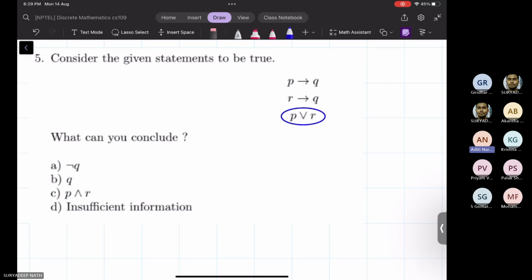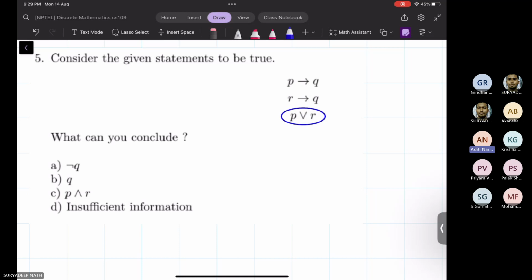I think, sir, B. Q will always be true. Can you explain how you concluded that? Sir, yes, sir, because in the first statement it is given P implies Q. P implies Q means negation P union Q is true.